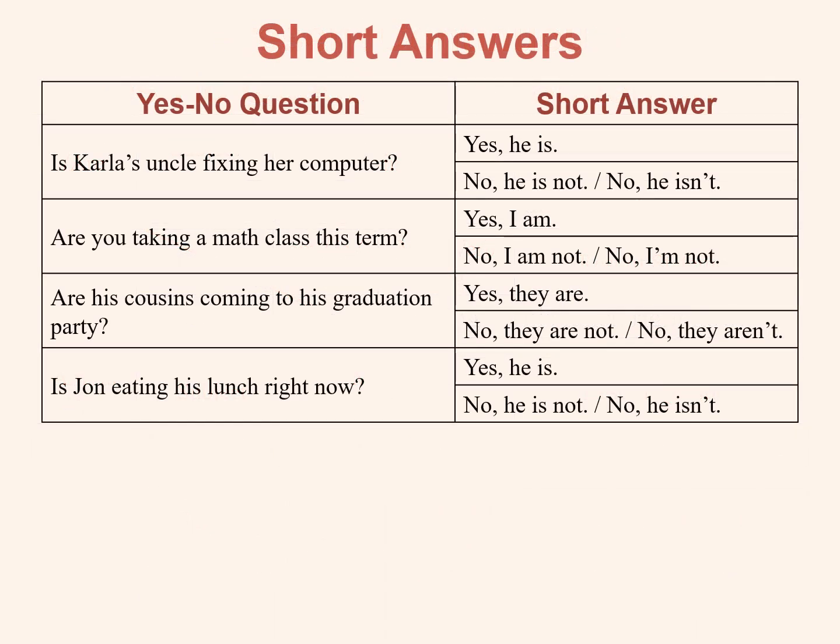Short answers to yes-no questions. When someone asks a yes-no question, the person anticipates an affirmative or negative answer. Of course, it's possible that the answer is not affirmative or negative. You might say, I don't know. But the person is indicating that they anticipate an affirmative or negative answer.